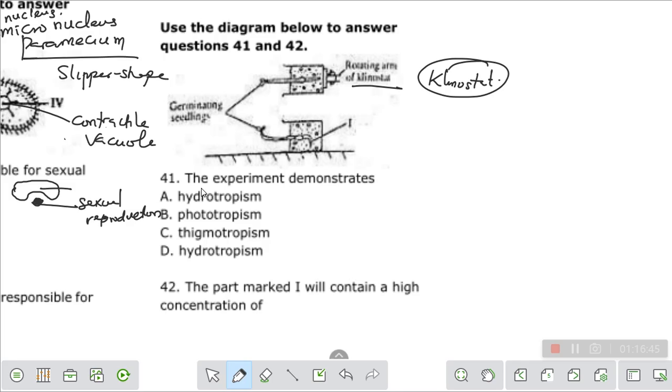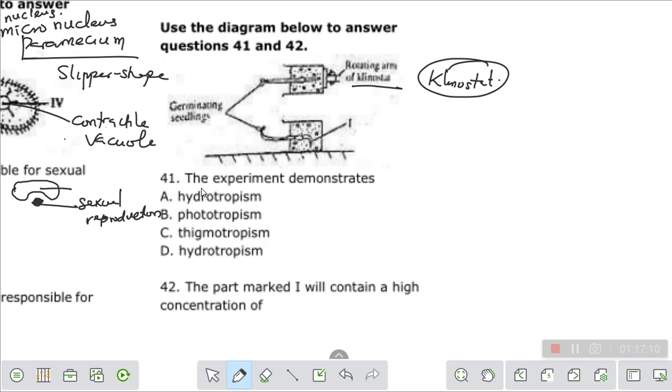Sorry, one of the options is not there. This hydrotropism that they wrote twice is representing geotropism. And I told you whenever we use clinostats, it has to do with gravity. The experiment we use this clinostat for is for testing for gravity, and response due to gravity is geotropism. So that's the answer.